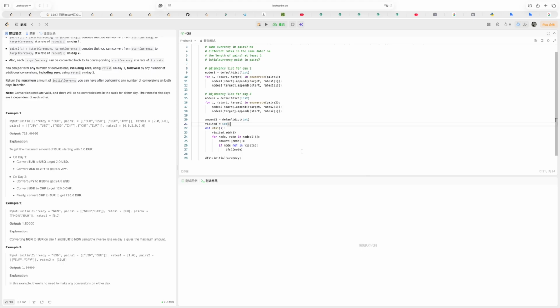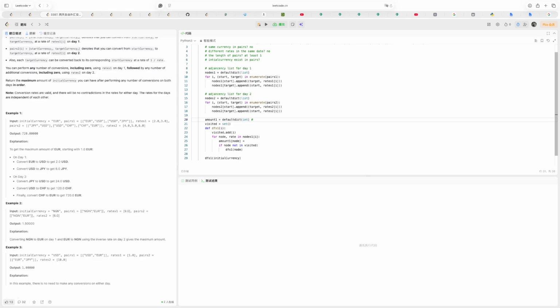Okay, so I think I need the definition of amount 1. I think I will need, for the initial currency changing to the other currency, the amount.